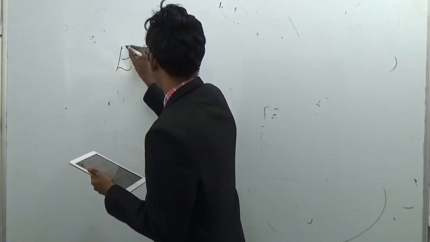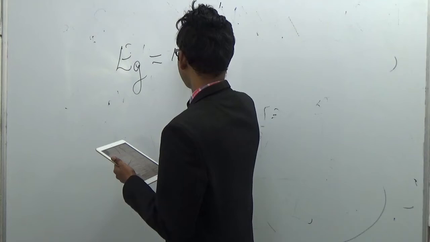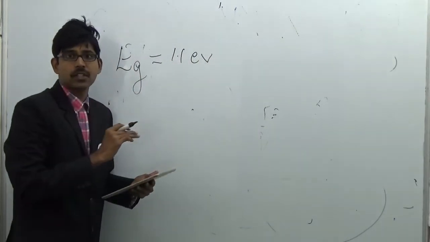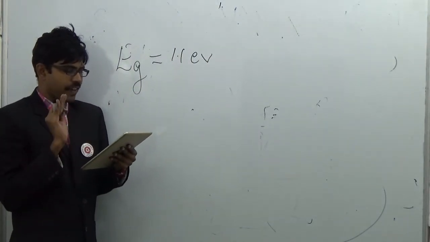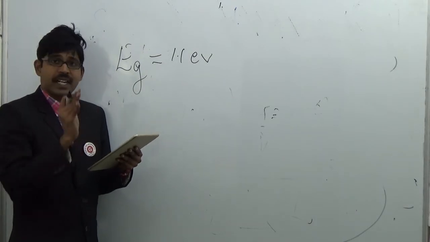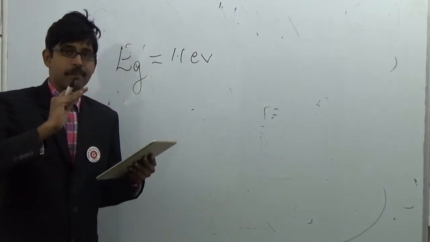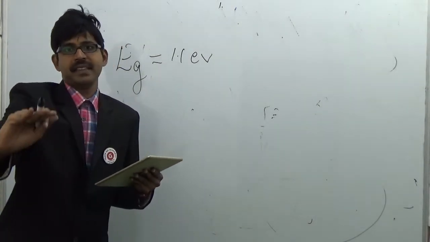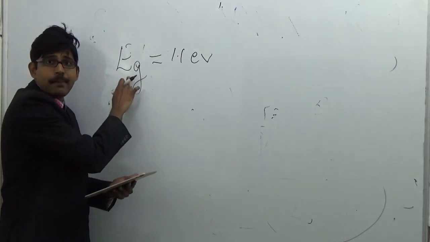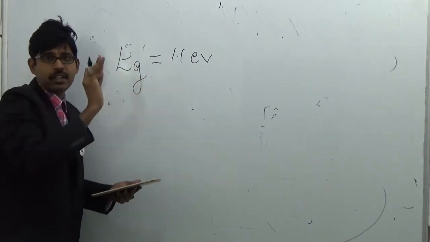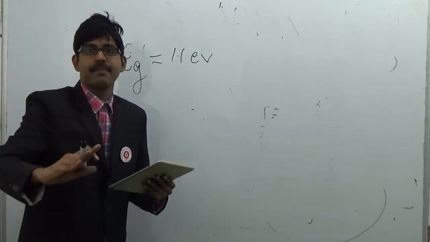The band gap energy is given, 1.1 electron volt. Having given the band gap, you are asked to find out the cutoff wavelength, which means the maximum wavelength that can be used to excite this band gap energy. Okay, cutoff wavelength is the maximum wavelength that can be used.